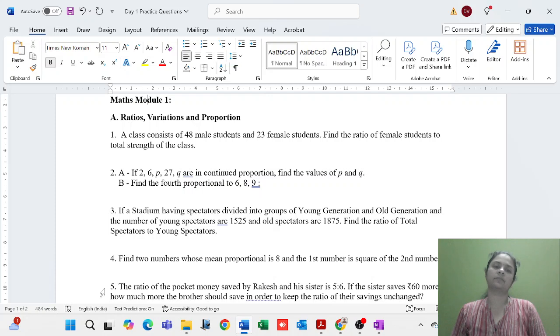Any doubts in the first chapter of the first module, ratios, variations and proportions? No. Any doubts, friends? Okay.